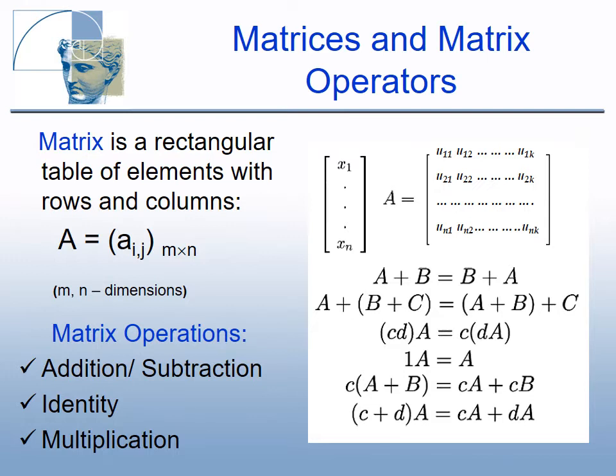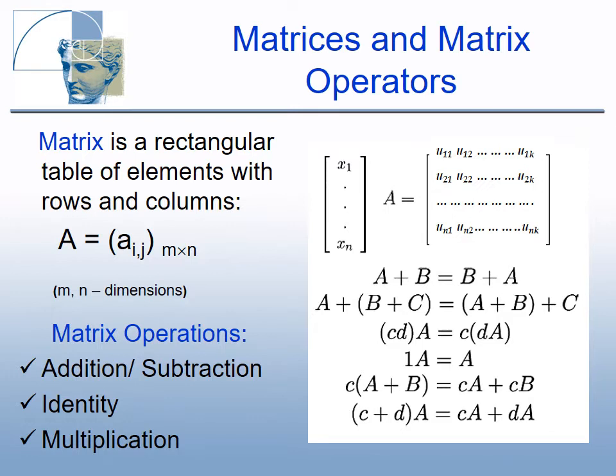called its dimensions. If two m by n matrices, A and B, are given, we may define their sum, or addition operation, A plus B, as the m by n matrix computed by adding corresponding elements. Other matrix operations, shown on this line, are identity and scalar multiplication.